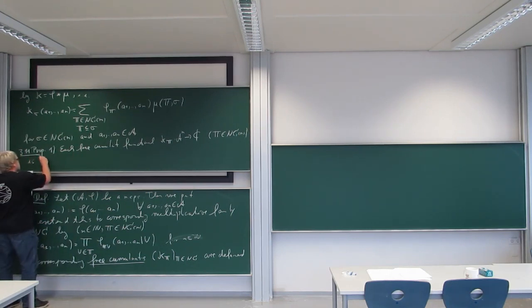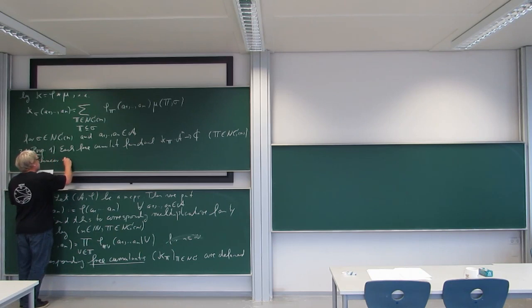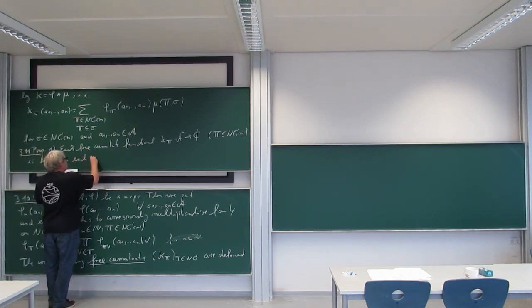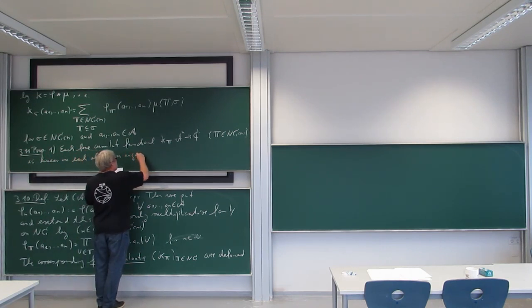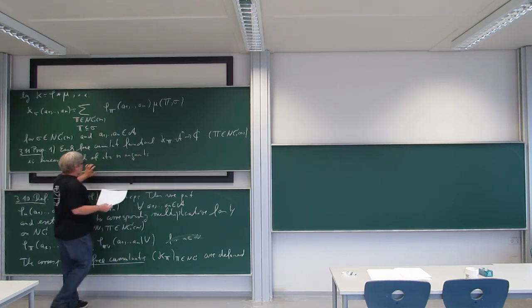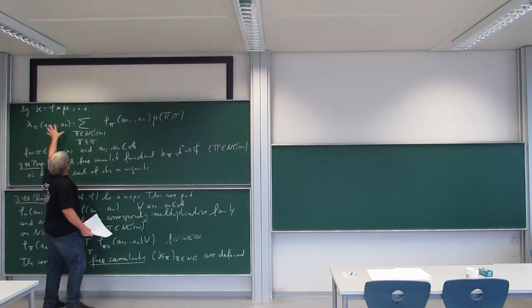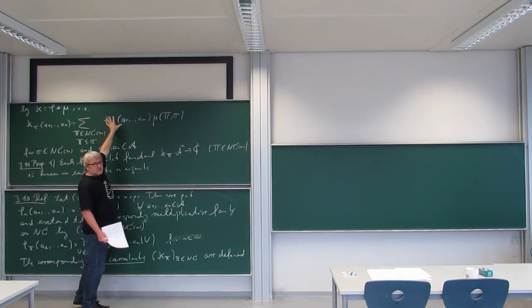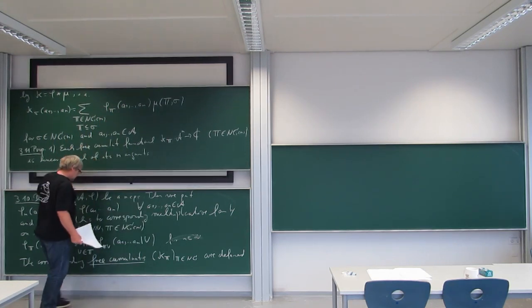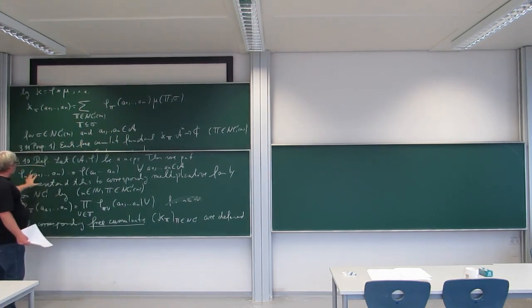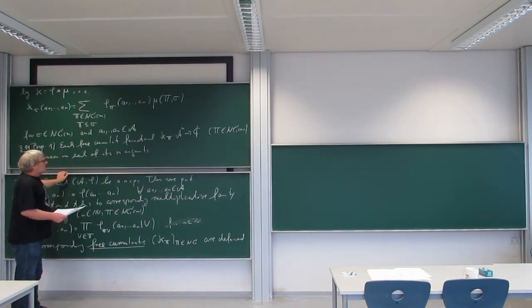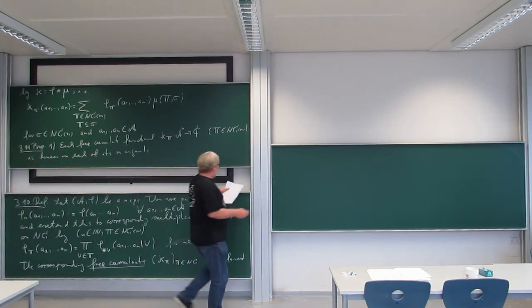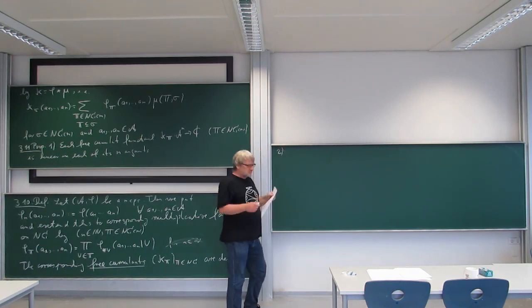And this is clear because of this formula and because each of these phi pi's is linear. As you see, phi n, of course, is linear in each of those guys here, and in this product here, again, it's linear. Good.